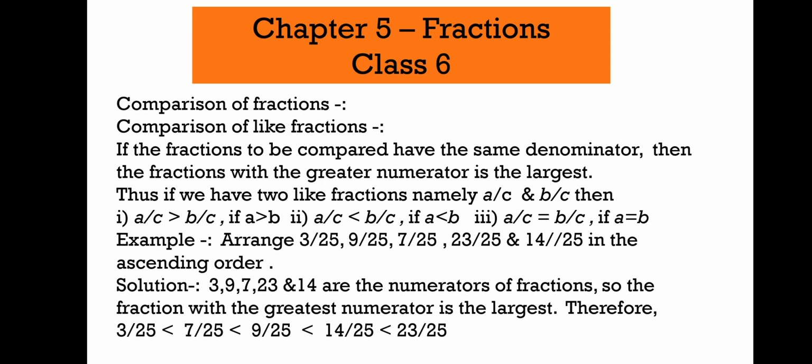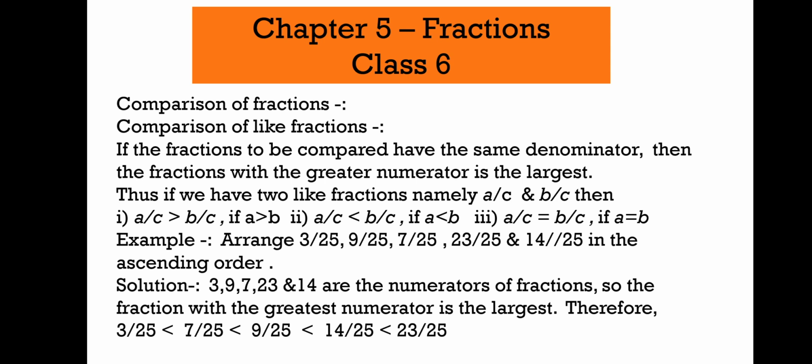Example. Arrange 3 upon 25, 9 upon 25, 7 upon 25, 23 upon 25 and 14 upon 25 in the ascending order. Now, ascending order means smaller to greater, you know that. Increasing order it is also called. Solution. 3, 9, 7, 23 and 14 are the numerators of the fractions.